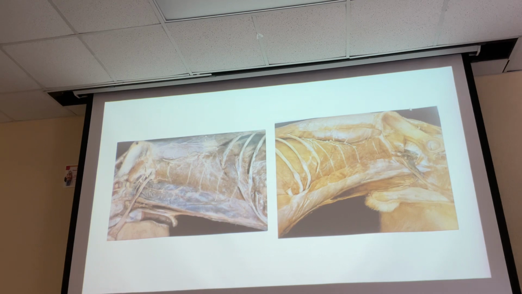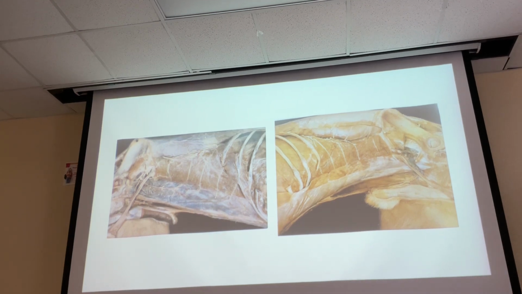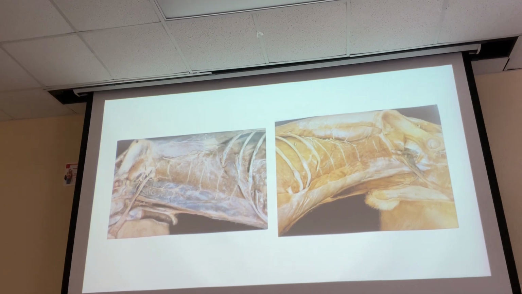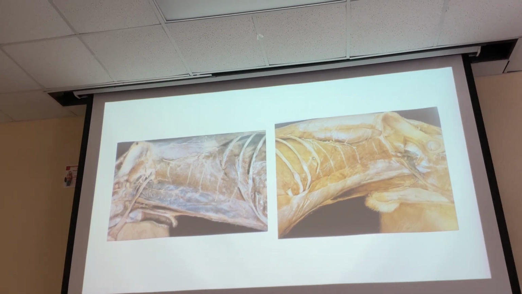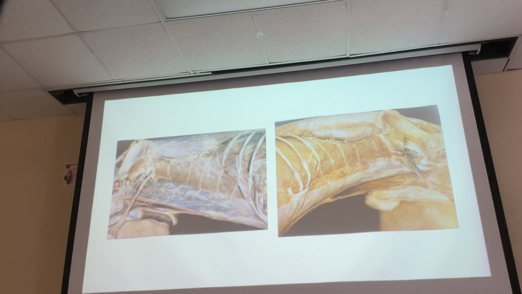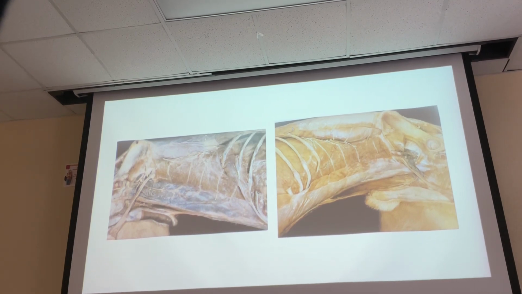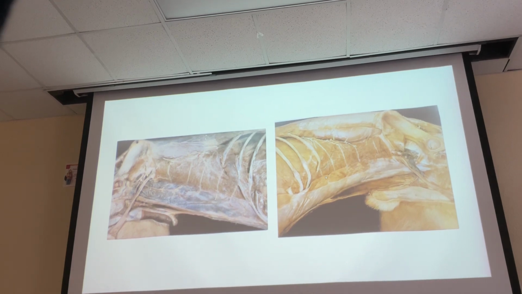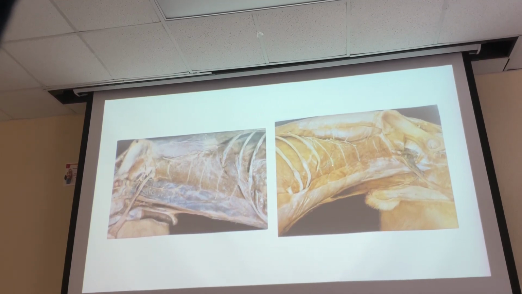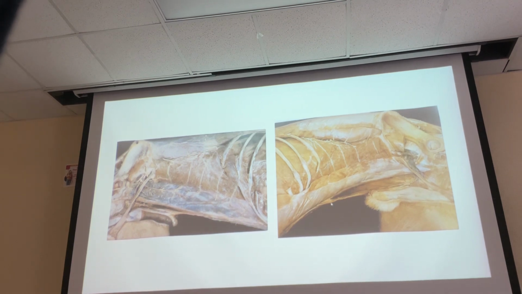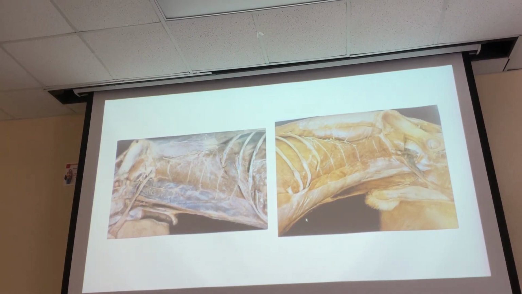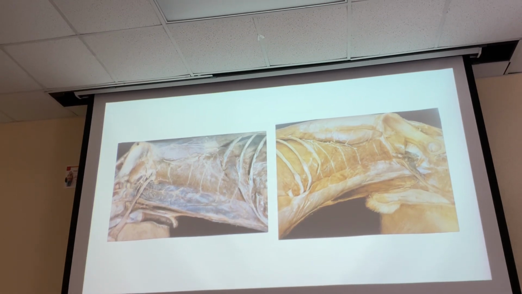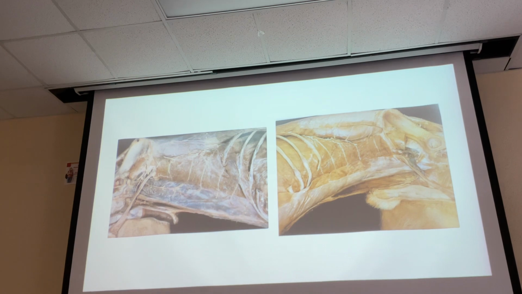Now, you remember the spinal nerves? The ventral branch of T13 runs just caudal to the last rib, which is the floating rib, right? T13 runs just caudal to it. Now, L1 and L2, they gave them fancy names.